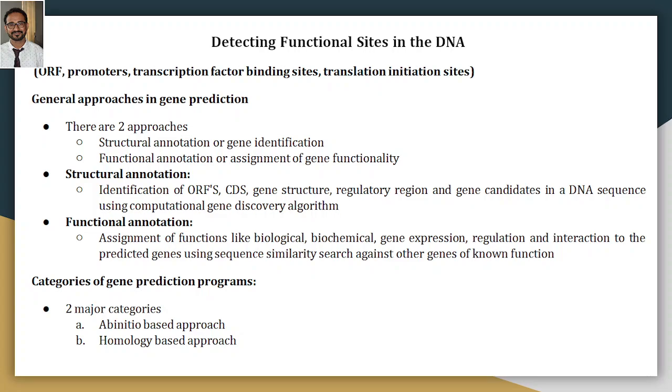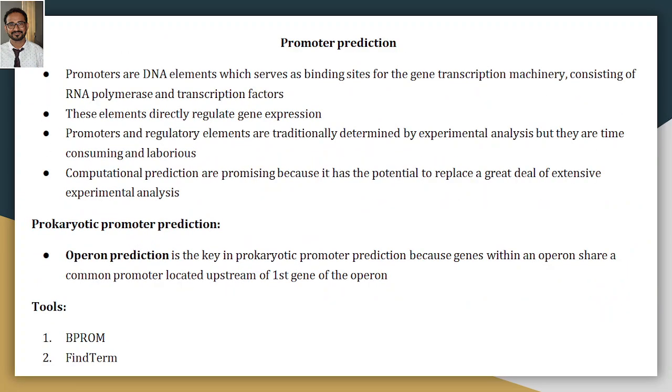Now ORF prediction is done. Next we have promoter prediction. In a similar fashion, I am not going to explain in detail again, because we know what a promoter is; the same thing is mentioned in the introduction. Promoters are DNA elements which serve as binding sites for the gene transcription machinery, consisting of RNA polymerase and transcription factors. These elements directly regulate gene expression.